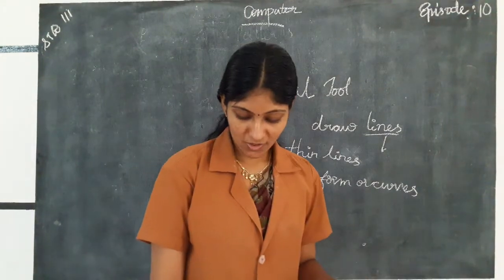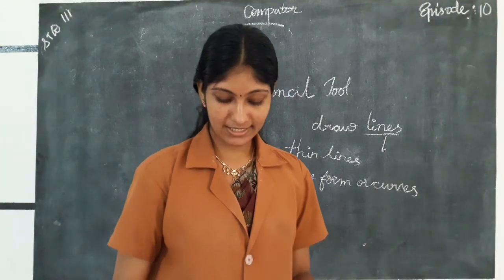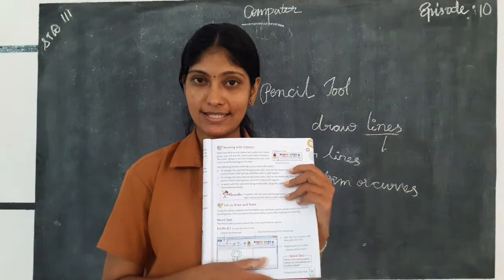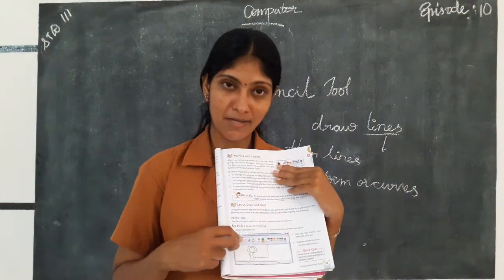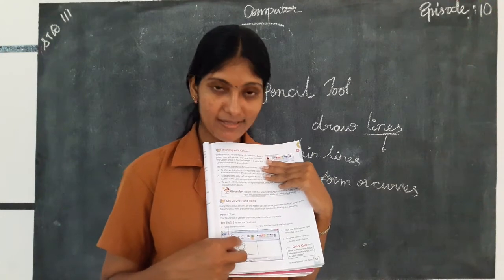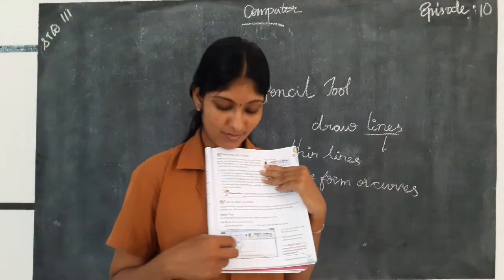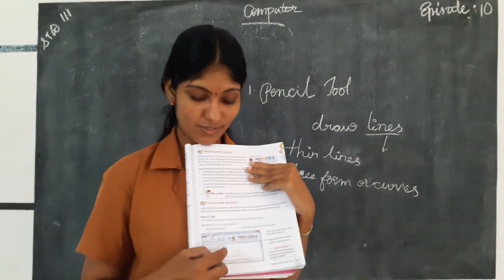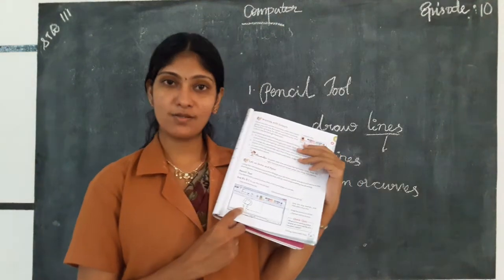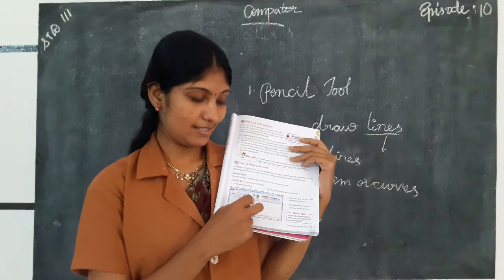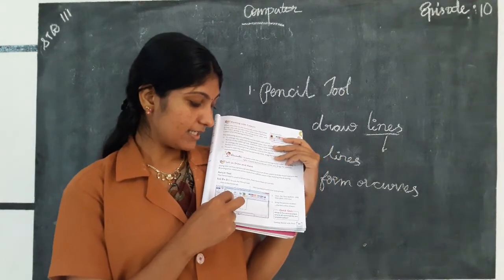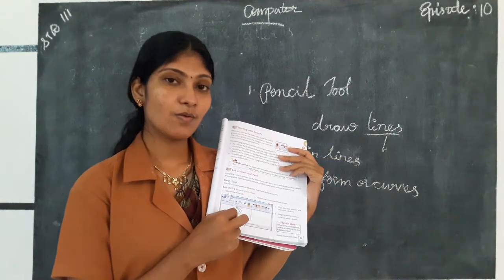Look at the picture on page number 53. You can see this is the Paint screen, and here we use the pencil tool to draw the picture of a tree. We can draw the picture using a pencil. And here the foreground color is which color?